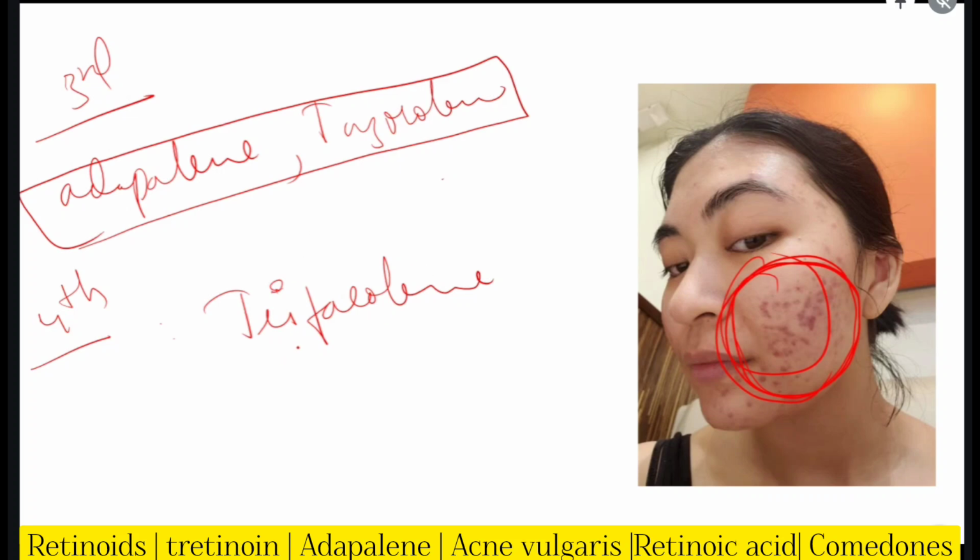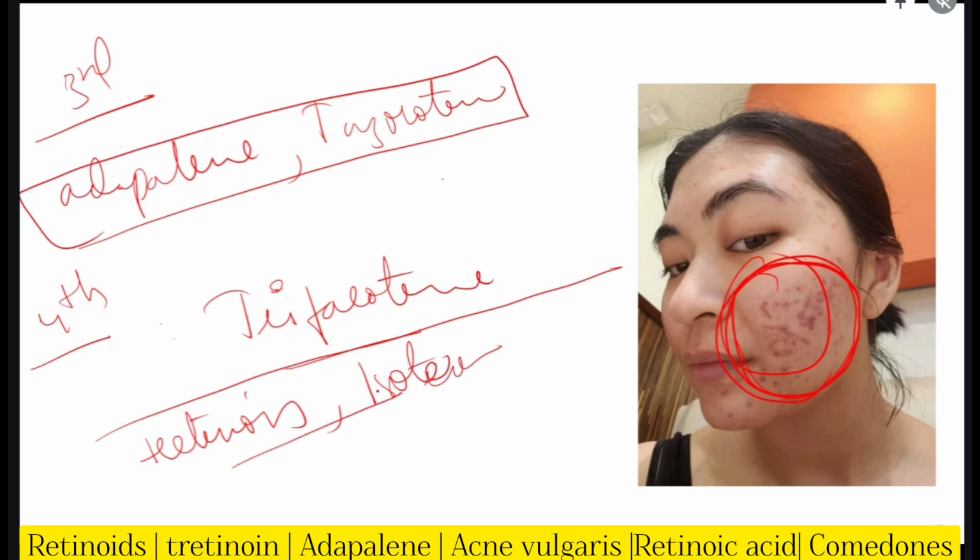So here let me tell you some important points about this adapalene and tazorotene. As of now, both these drugs are the most effective retinoids, and trifarotene is one more best drug in acne vulgaris.